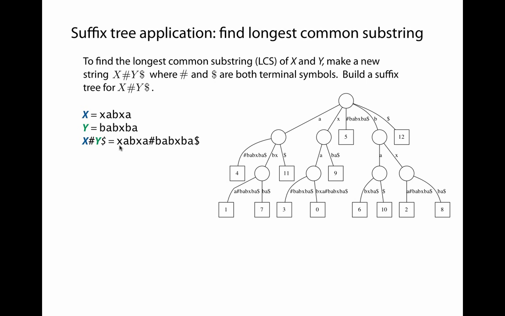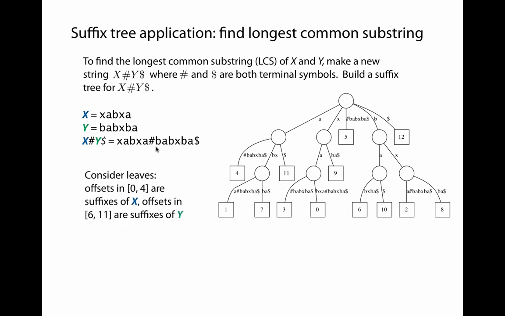So for example, the suffixes at offsets 0, 1, 2, 3, 4 all represent non-empty suffixes of x. And the suffixes at 6, 7, 8, 9, 10, 11 all represent non-empty suffixes of y.